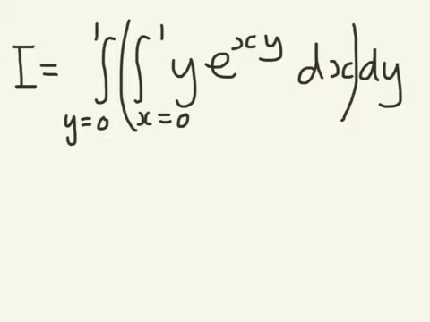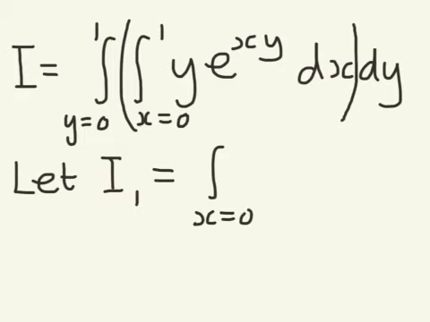So the first thing we're going to do is evaluate the inner integral. So let's let the inner integral be I1. So let I1 equal the integral from x equals 0 to 1 of y e to the xy dx.